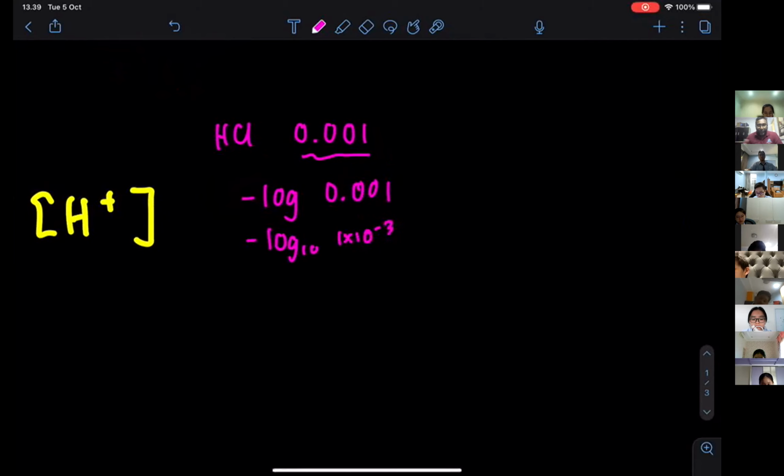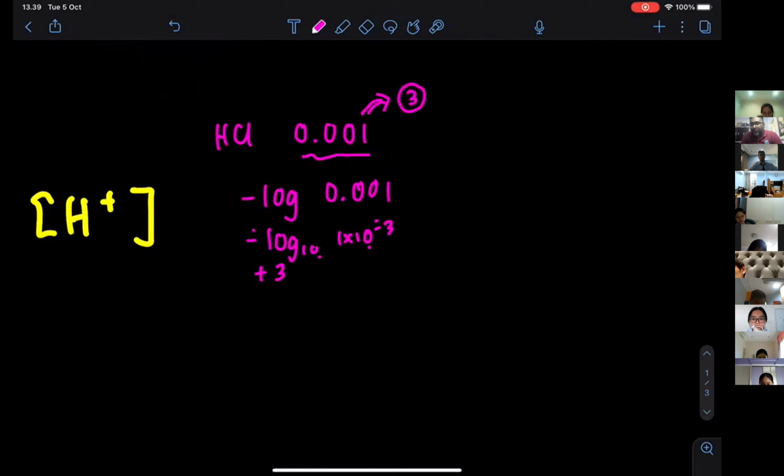If you're good in maths, you know that negative and negative is positive. So 10 to the power of 10, and then you have 3, so automatically this becomes positive 3. You see, this particular number is represented by 3. This is fantastic.